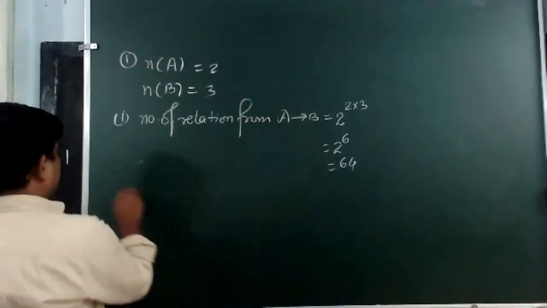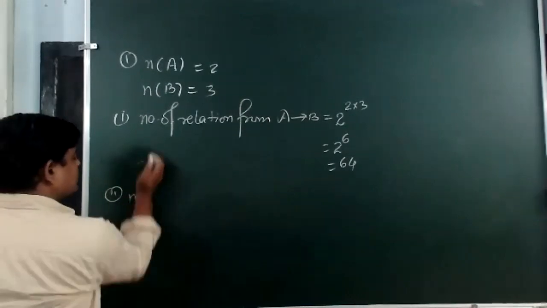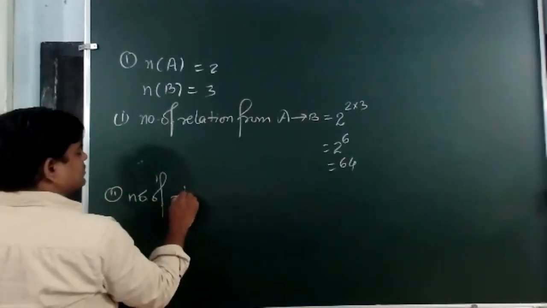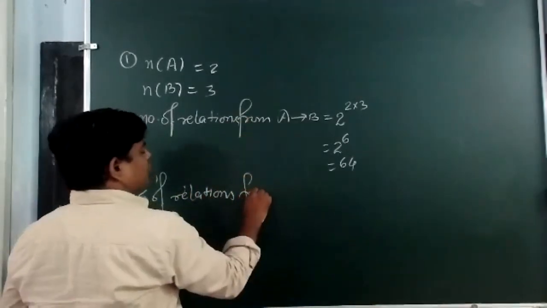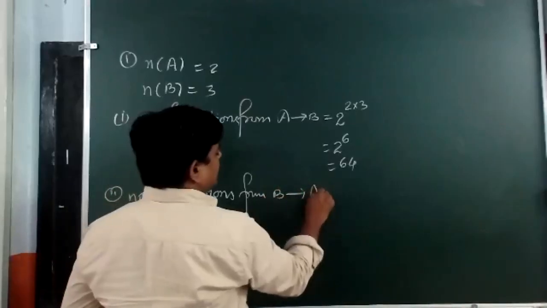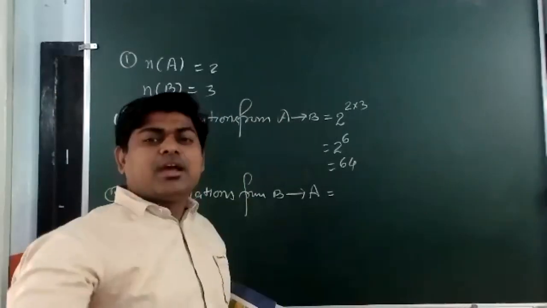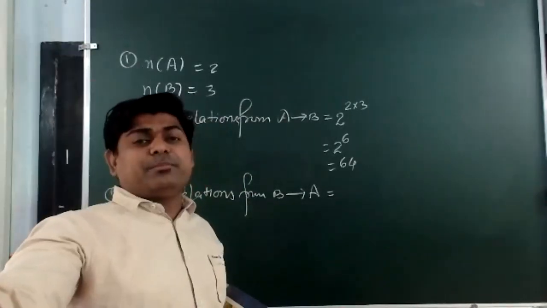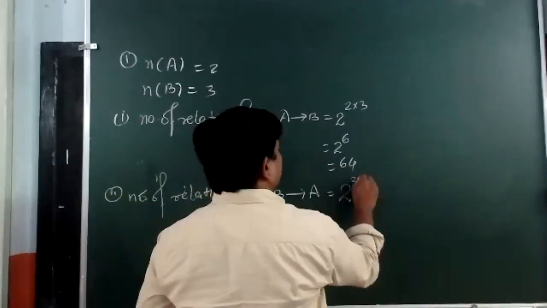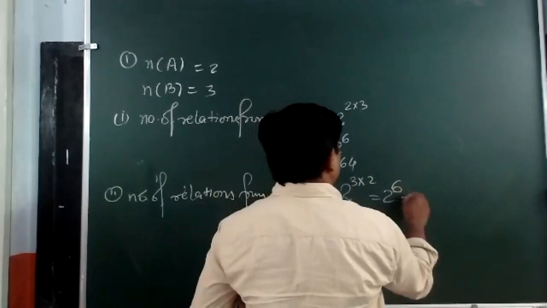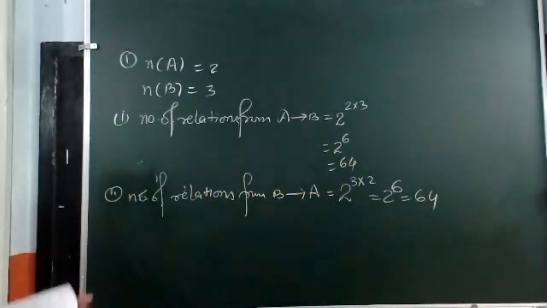If I write the second part, number of relations from B to A, then it should be a subset of B cross A, and in B cross A the number of elements will be 3 into 2. So 2 to the power 3 into 2, that is equal to 2 to the power 6, which is equal to 64 only. Okay, you are getting all these things.